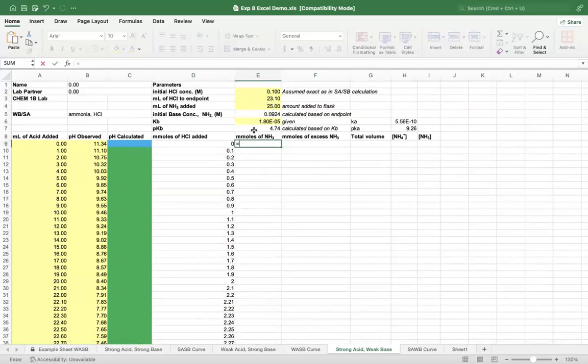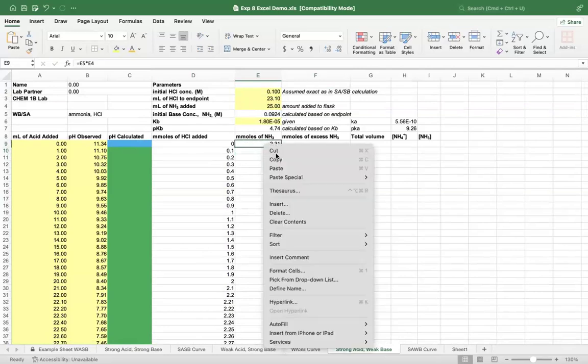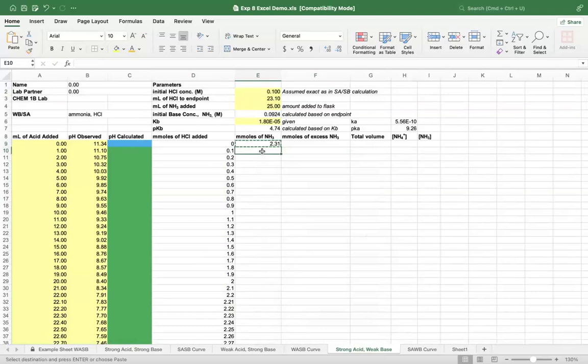We can go equals, we could say concentration of base times volume of base. So it's 2.31. I don't know if that's got more digits or not. Let's see, copy, paste. No, that's not what I want to do.